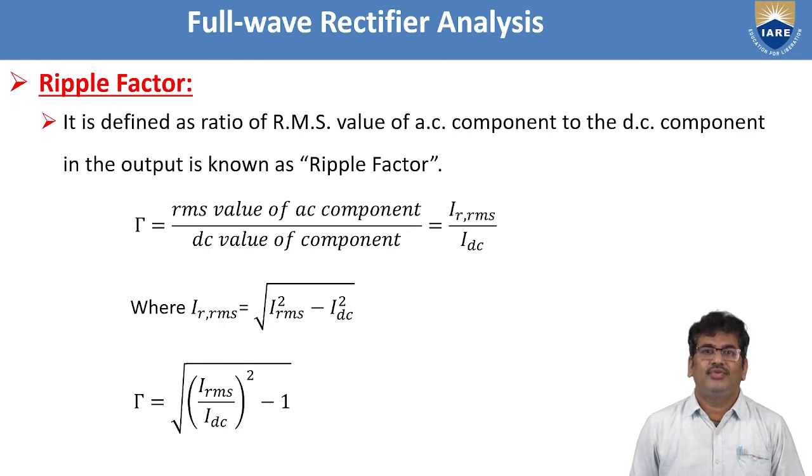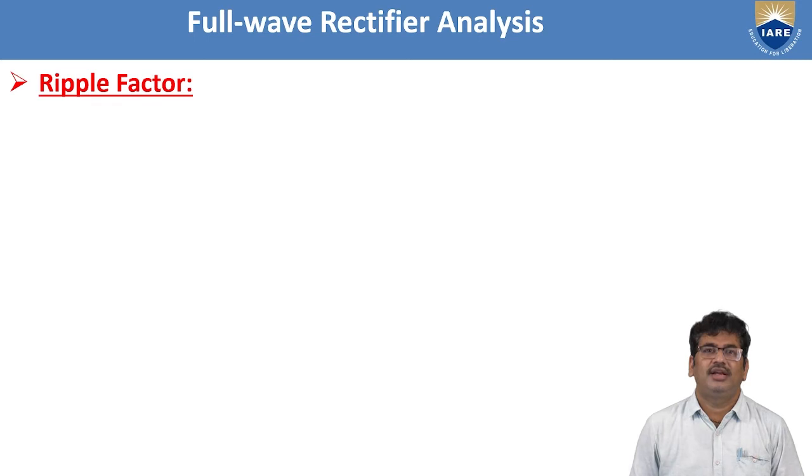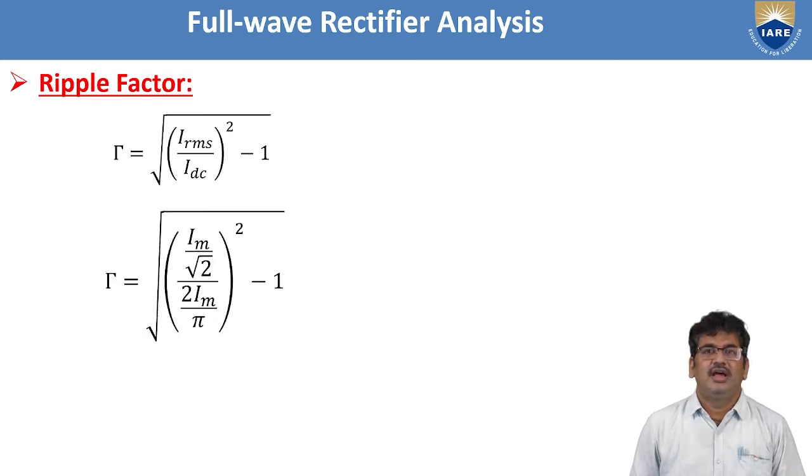So for the full wave rectifier, to get the ripple factor, IRMS is given as Im by root 2, whereas IDC is equivalent to 2 Im by pi. Substituting these two values, the ripple factor is Im by root 2 divided by 2 Im by pi, whole square minus 1.